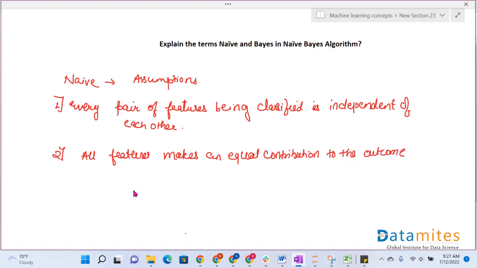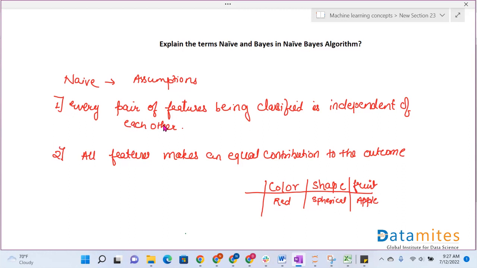So let's understand these assumptions with an example. For example, you have a data set in which you have two features, color and shape. Based on that, you have to find out which fruit it is. If the color is red and the shape is spherical, the fruit is apple, right?